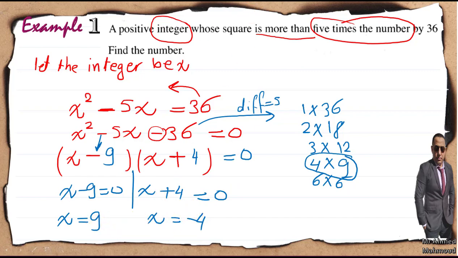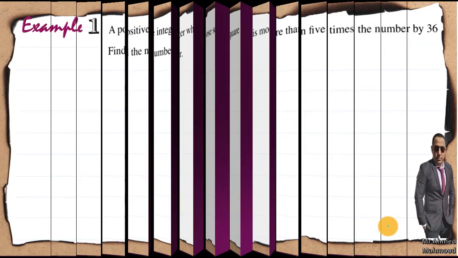Here he asked me for a positive number. Because he said a positive number, negative 4 is refused. Therefore, the number is 9.